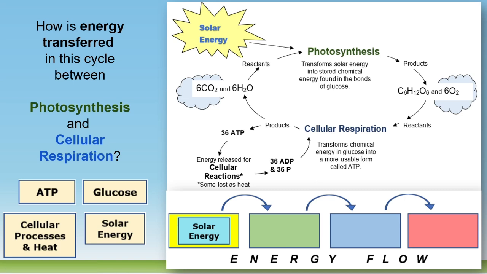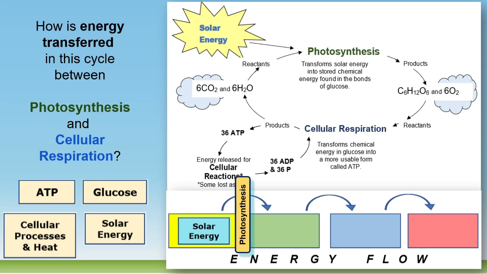This first arrow between the yellow and green represents photosynthesis. Solar energy goes through photosynthesis. Go ahead and label that there. You can either label it sideways how it is, or you can label it above the arrow. Photosynthesis.